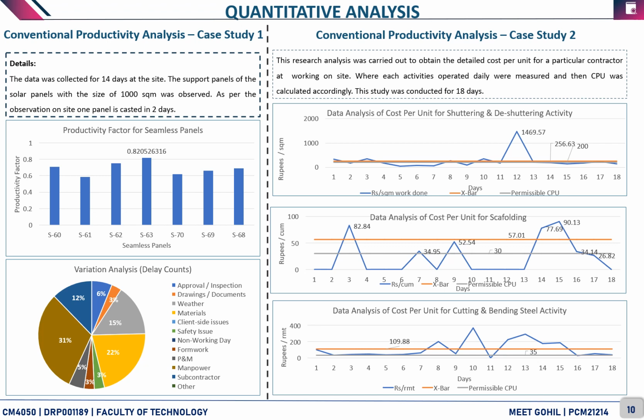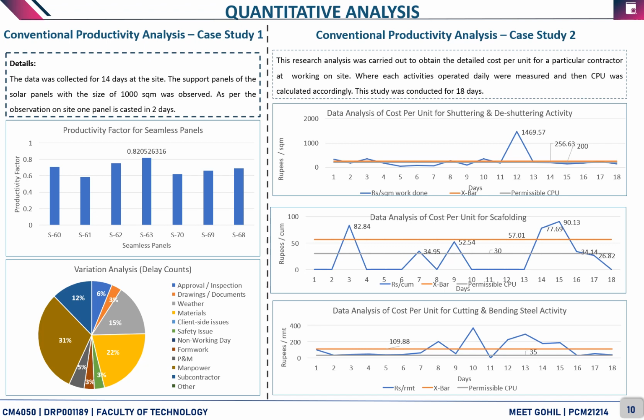The second case study consists of calculating the cost per unit for different activities, namely shuttering and deshuttering, cutting and bending steel, and scaffolding activities. As seen in the graph, there are higher spikes in the daily cost per unit calculation, and on the 12th day you can see a clear hike of almost 90%.